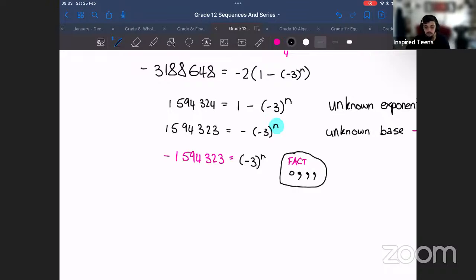So you press equals, shift fact, and it basically gives us 1594323 as 3 to the 13. So just this value as 3 to the 13.